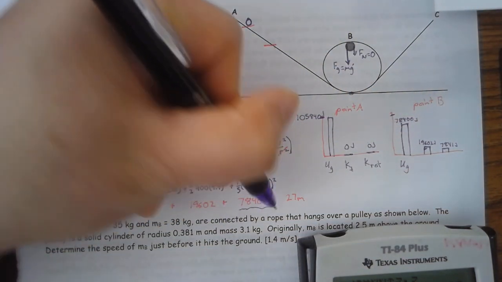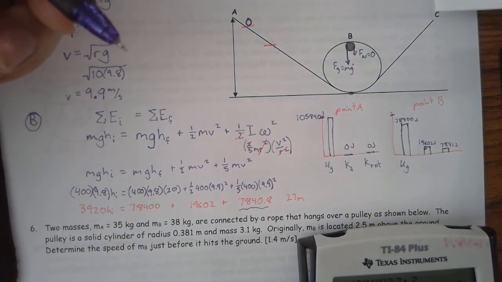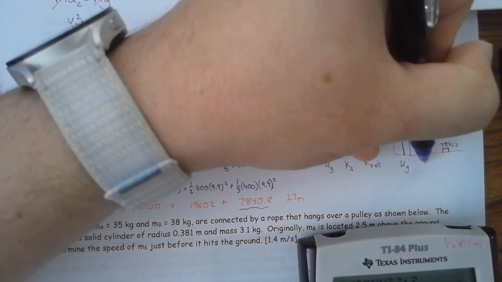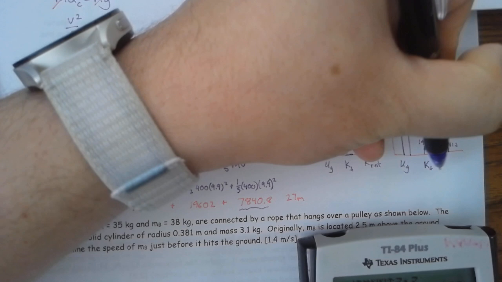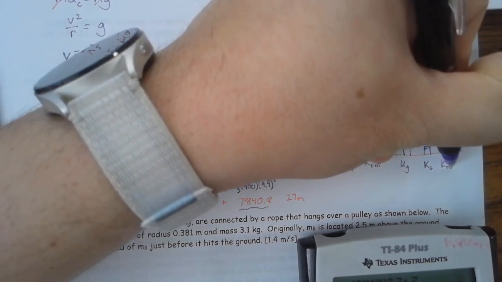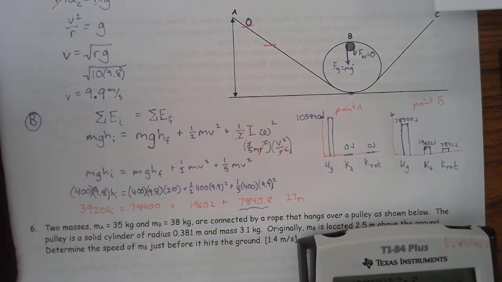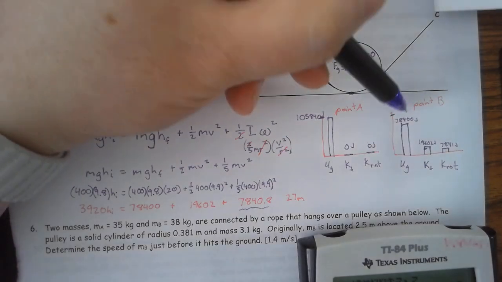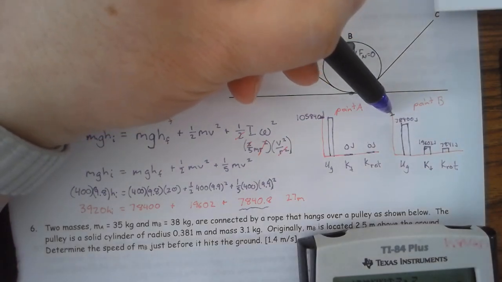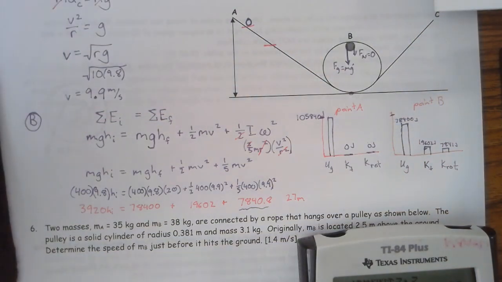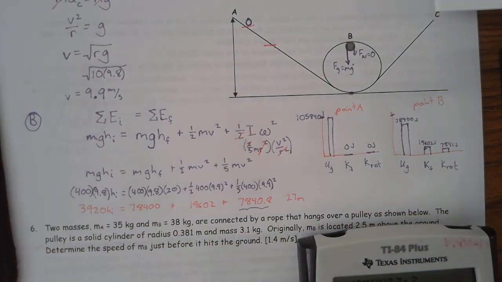It's this right here. KT, K rotation. And then all of our charts should kind of add up to being that up there. The 105,840 ish. Wait, it doesn't?